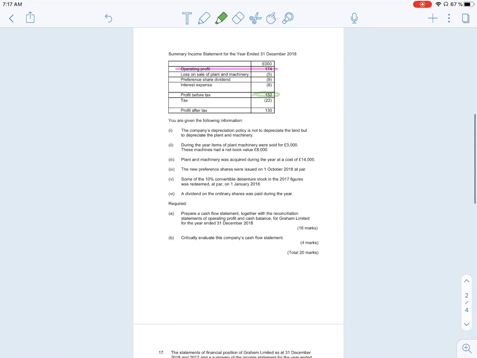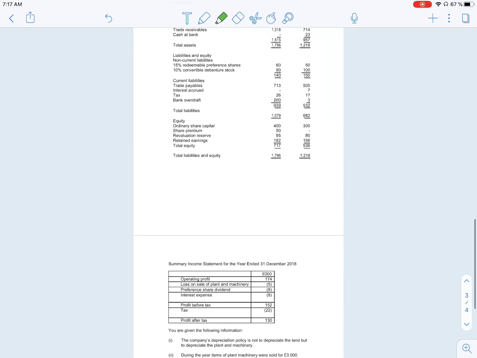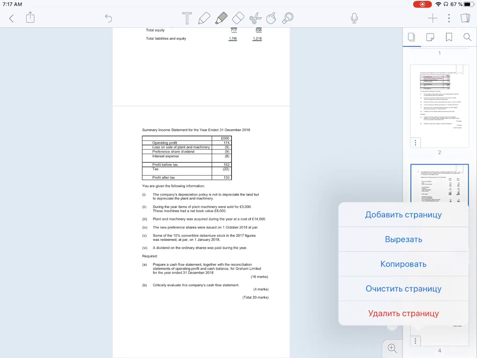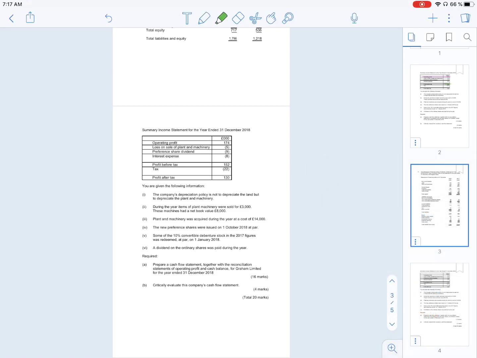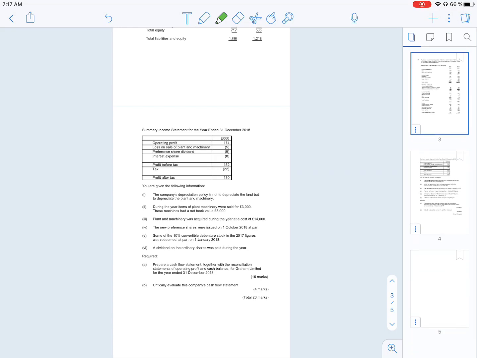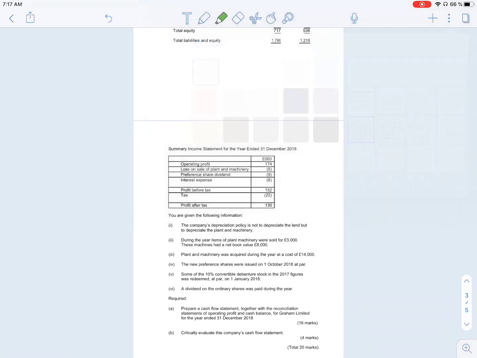So let's start. The first line here would be operating profit, or to be more precise, the first line should be, I believe, cash flow statement for the year ended blah blah blah, because we have to name each financial statement we compile.